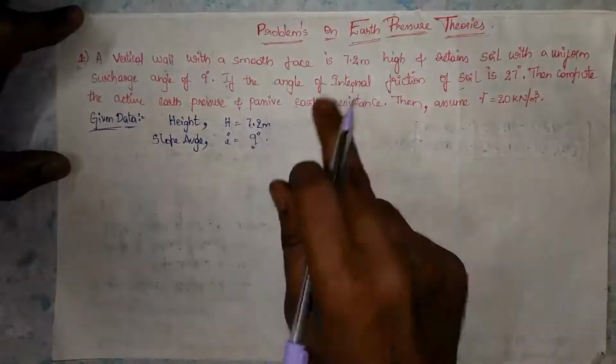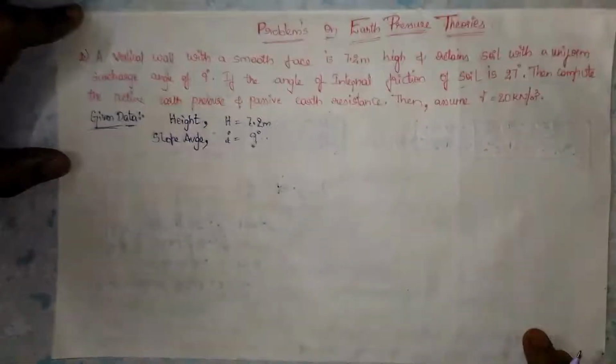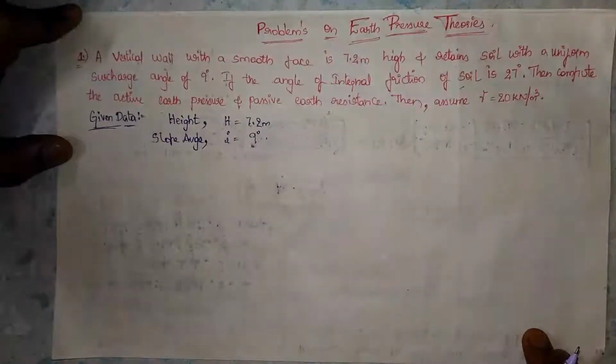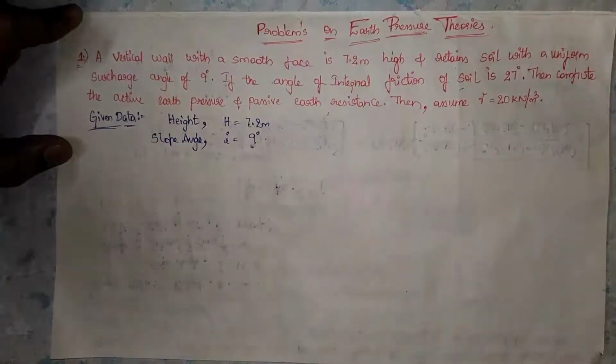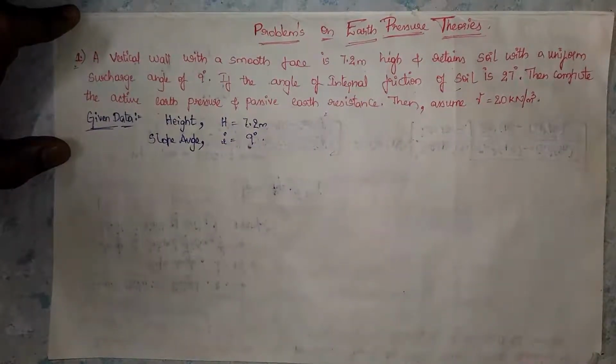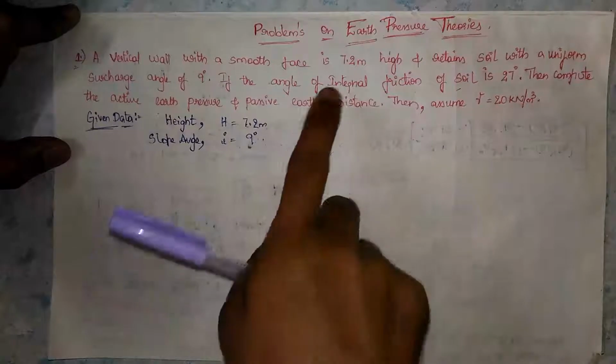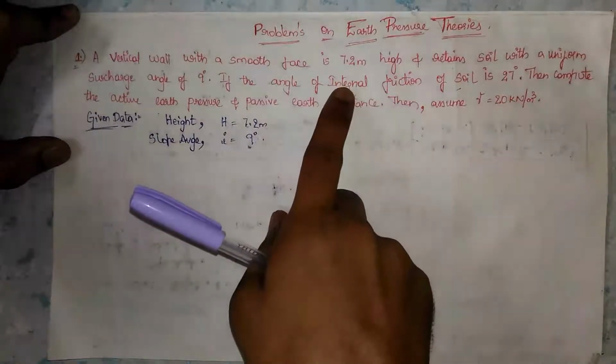Next, the angle of internal friction of the soil, which is phi dash. When load is applied on the soil surface, internal friction is developed in the soil, so an angle of friction is developed.